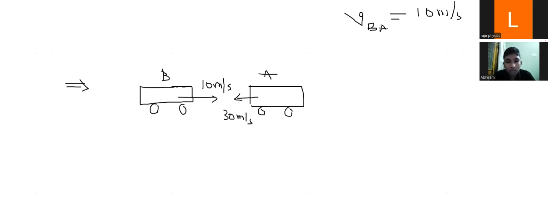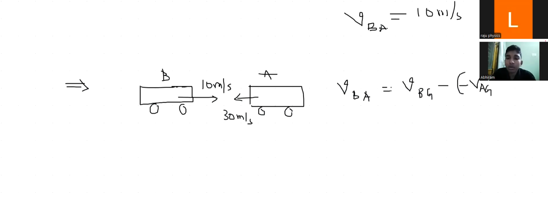So what is the relative velocity of B with respect to A? 40 meters per second. Excellent, Avi, 40 meters per second. So what is the formula? VB with respect to the ground minus VA, since they are in opposite directions.